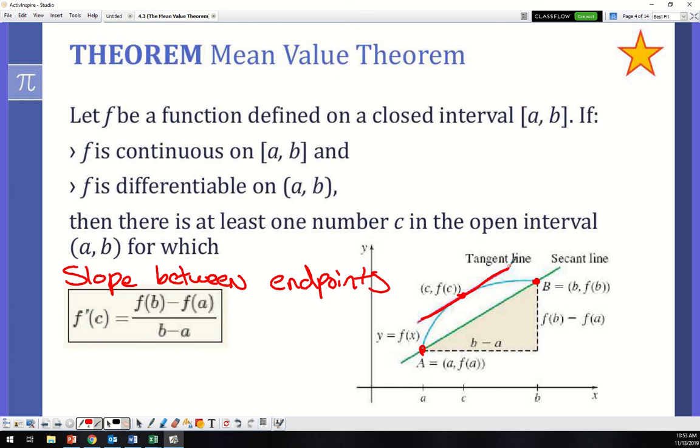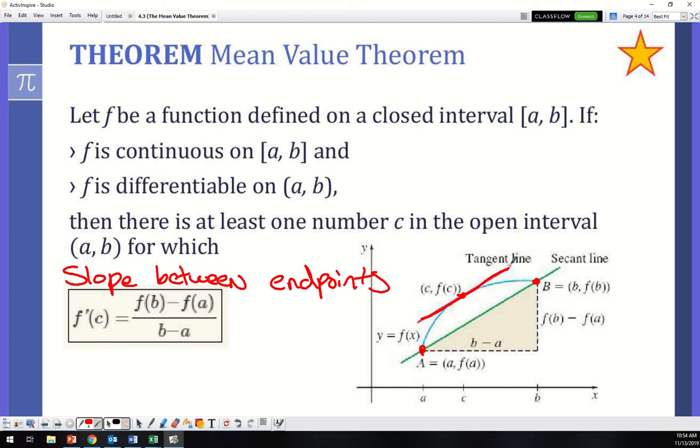Between them. So you're literally finding the mean right in the middle and then the slope of the curve. No, start at the beginning. Find the slope between the two endpoints, and then set your derivative equal to that slope.